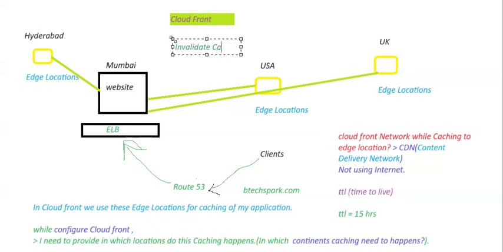By using this invalidate cache option, you can immediately update your application data at the edge locations. You can update your website and web application data at your edge location, forcefully and immediately.